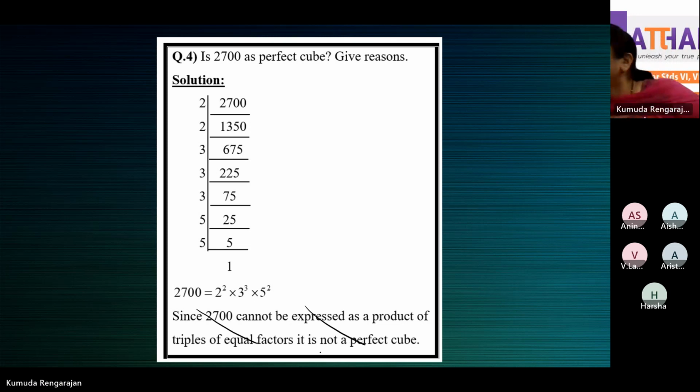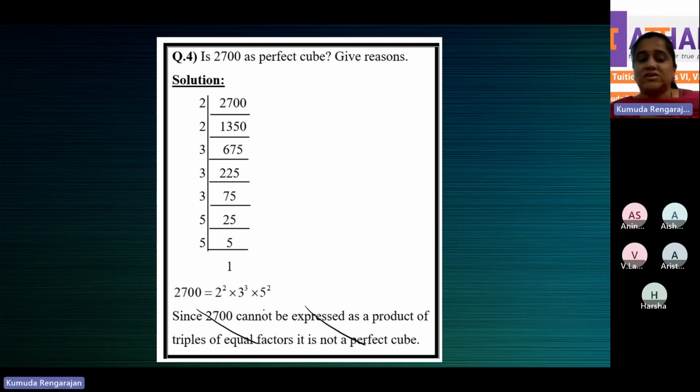What is the other reason? No. You have to perform the prime factorization method. Only then the reason should be given in terms of the factors.